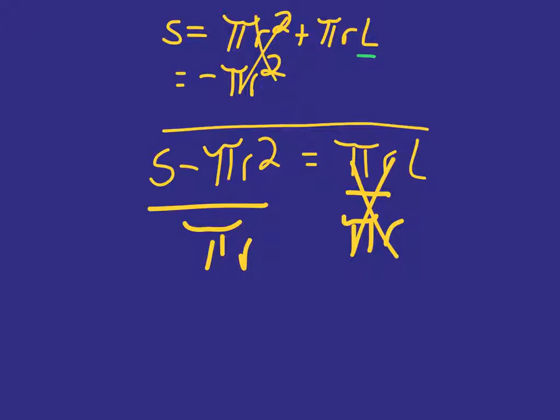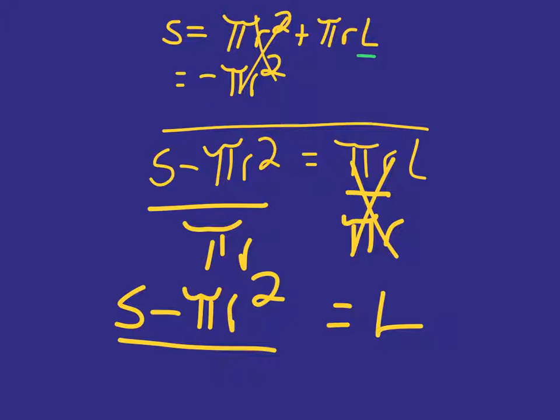This side cancels out, and you'll notice that L is all by itself on this side. So L is going to be equal to s minus pi r squared, all divided by pi times r.